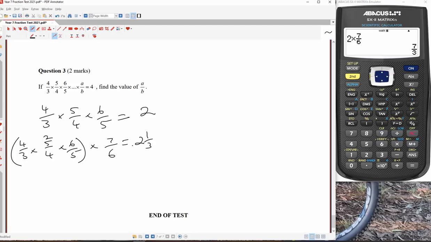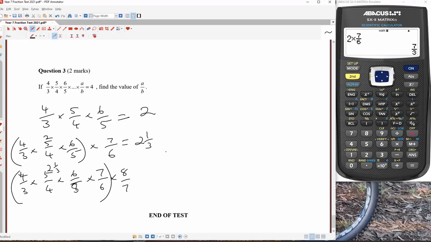Now I wonder what would happen if we did 4 on 3 times 5 on 4 times 6 on 5 times 7 on 6 times 8 on 7. So that's going to be the same as 2 1/3 times 8 on 7.